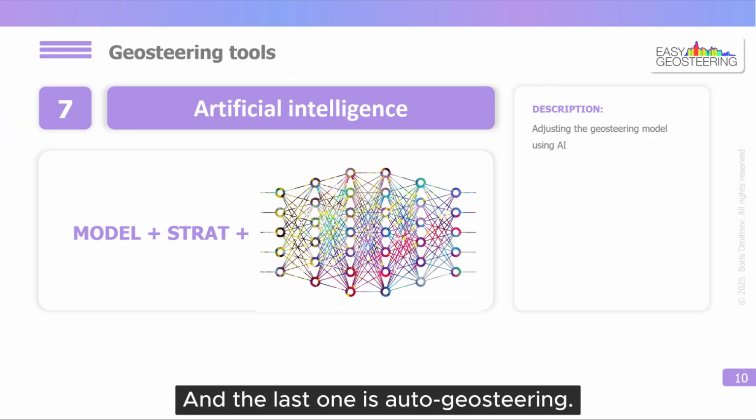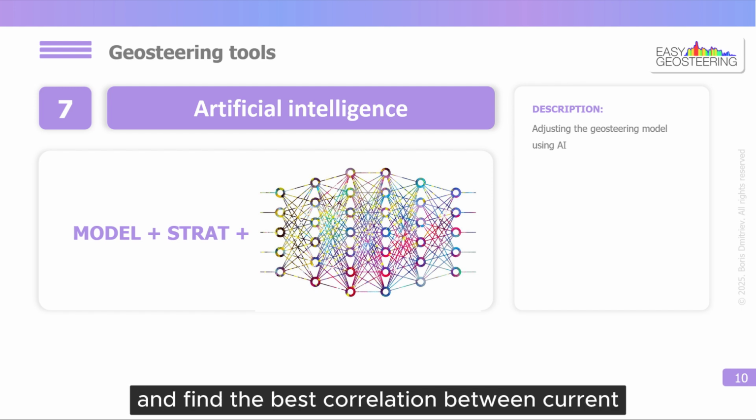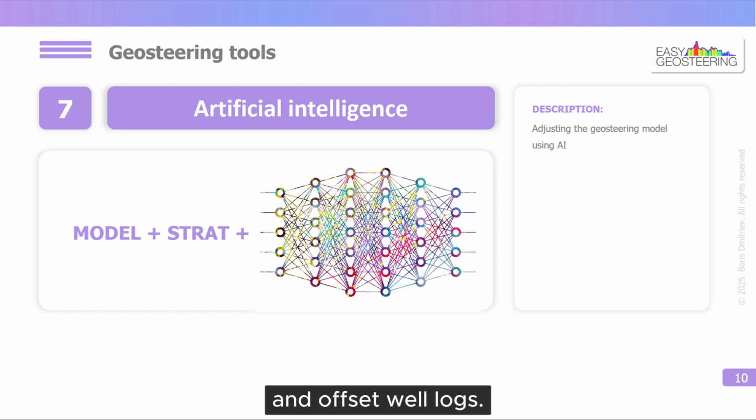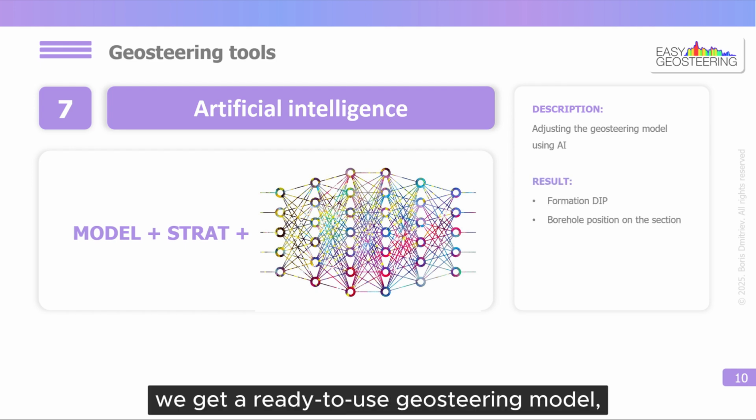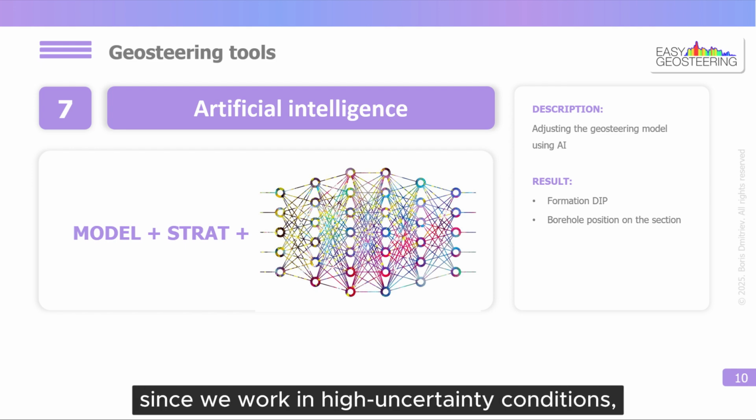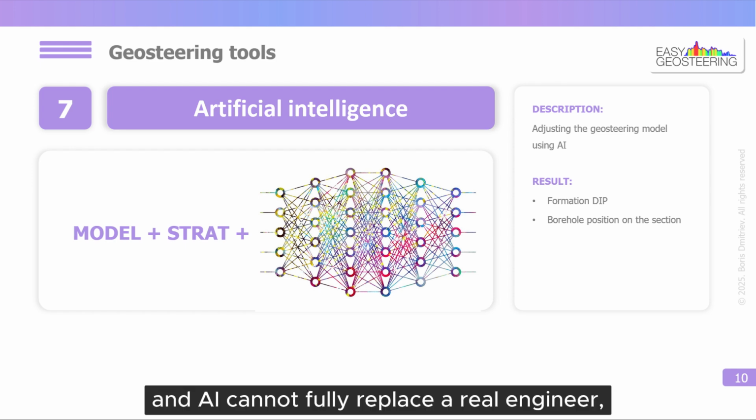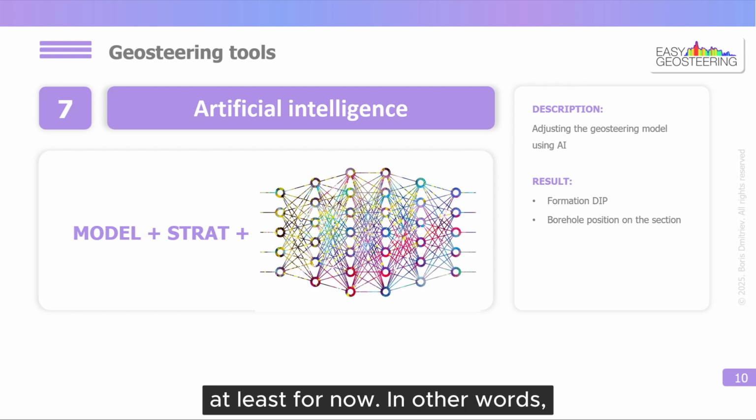And the last one is auto-geosteering. We let artificial intelligence work for us and find the best correlation between current and offset well logs. As a result, we get a ready-to-use geosteering model, but it still needs to be double-checked since we work in high uncertainty conditions, and AI cannot fully replace a real engineer, at least for now.